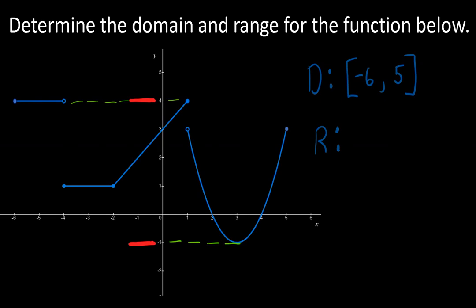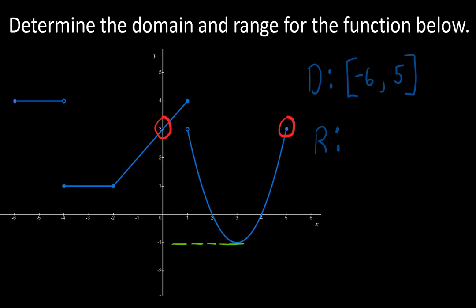So let's see if our graph touches or includes every height from -1 to +4. As we follow our graph up from a depth of -1, the first question that arises is the hole at the point 1, 3. That hole at 1, 3 leads me to believe that 3 might not be included in my range.